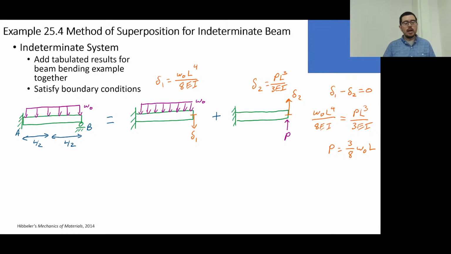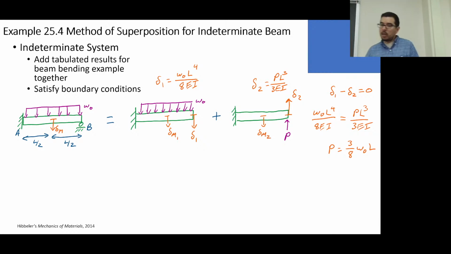Okay? So now that I've got P, let's say I want to know the displacement at the middle. If I want to know the displacement at the middle, well, how do we take care of this? We can use the tables again.